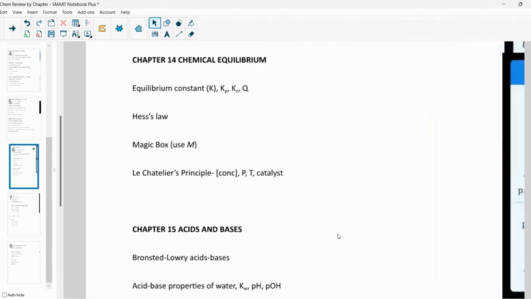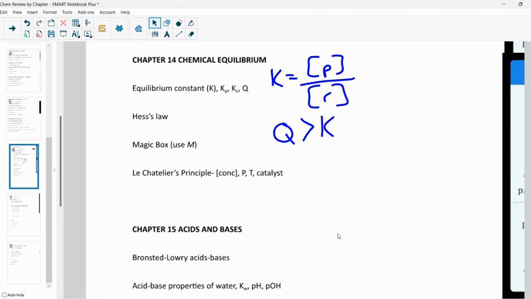All right, where does Q fall into this? Right, so as long as we know it's products over reactants, right? If we get a Q value that is greater than K, what does that mean? So K is for when we're at equilibrium.